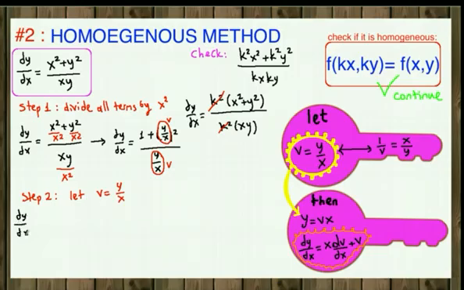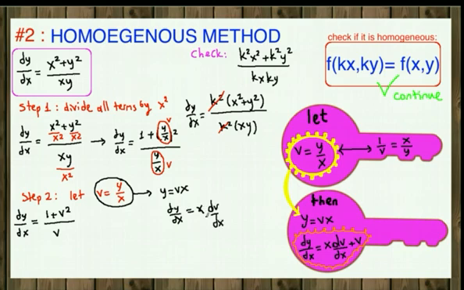dy over dx equals 1 plus v squared, because we have a square here, over v. And in this equation, y equals v times x, that is our key component, we need to differentiate this function. And if we differentiate this, what we are going to get is dy over dx equals, by the product rule, x times dv dx plus v.